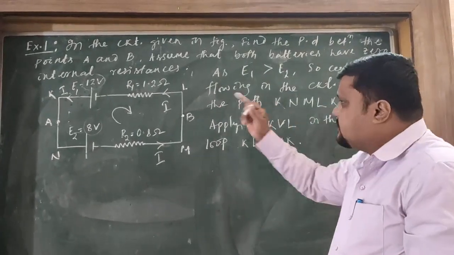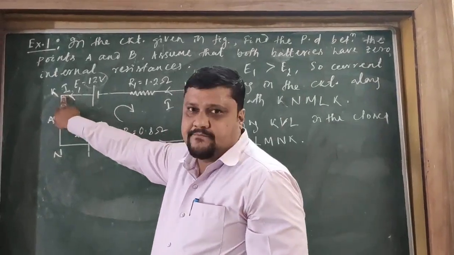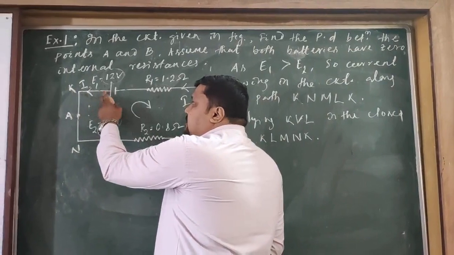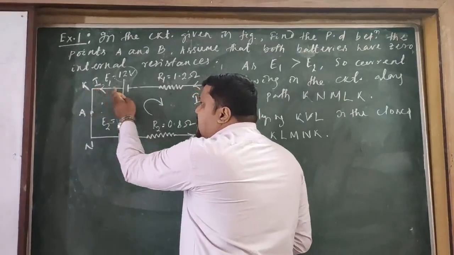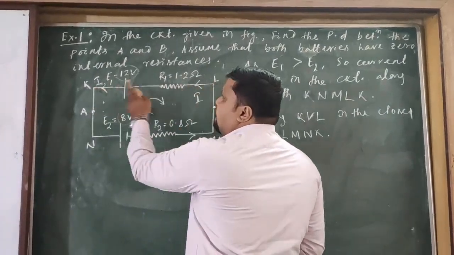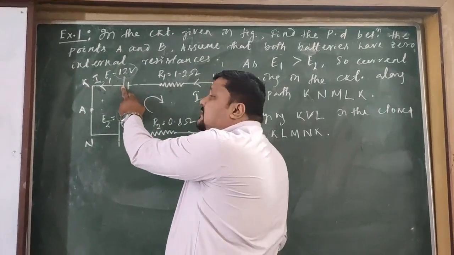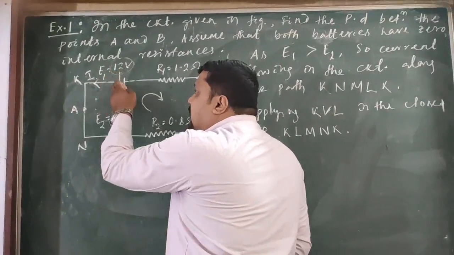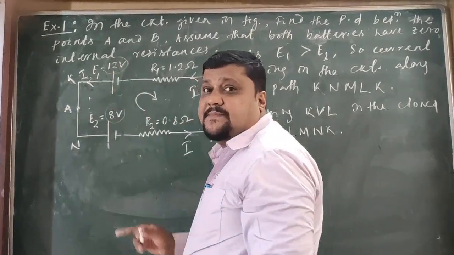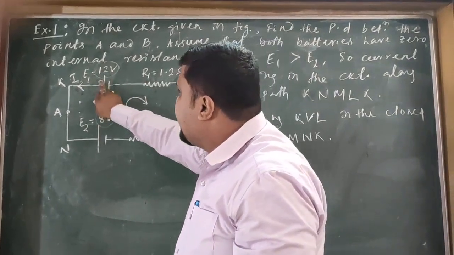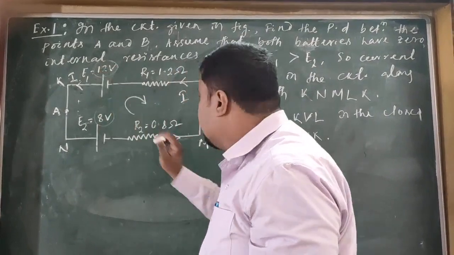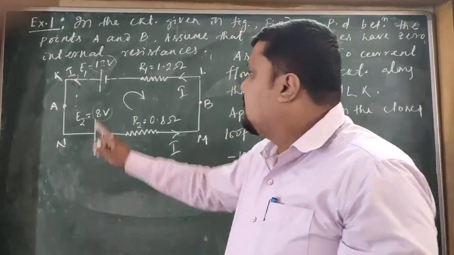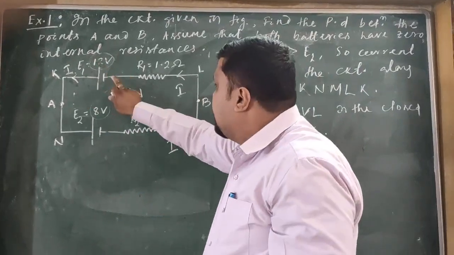So when I apply this, start from K. Your path is K to L. Which terminal of the cell comes first? The positive terminal of the cell comes first. If the positive terminal of the cell is encountered first, then I will put minus 12.